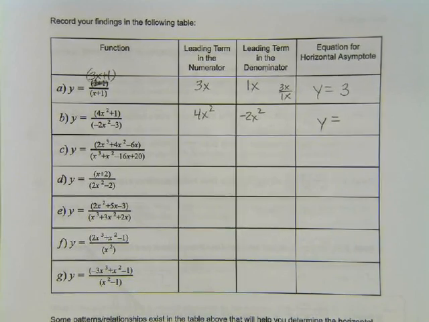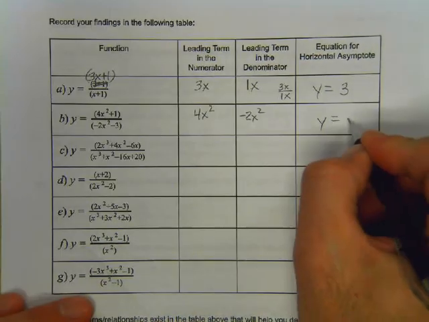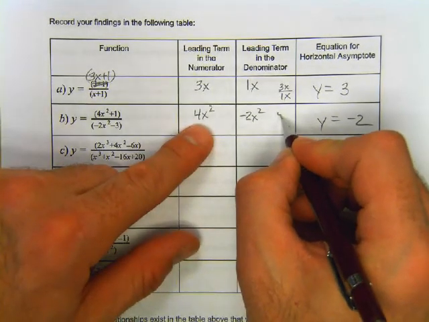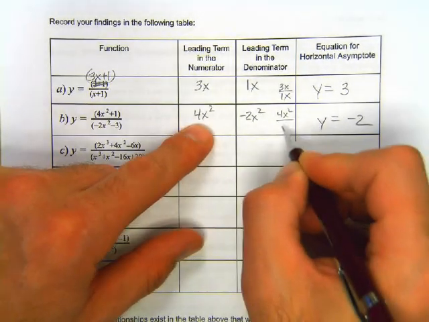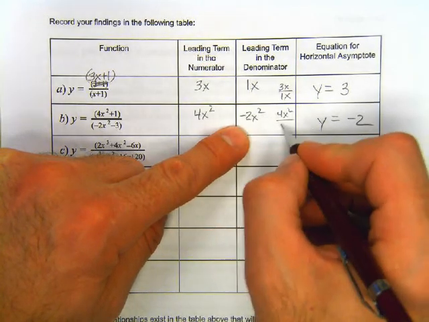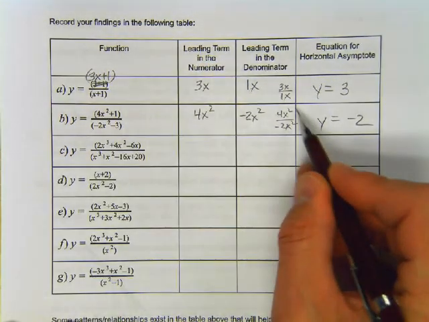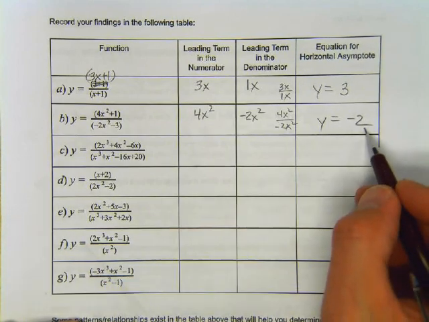Negative 2. Hey, what's the leading term of the numerator, 4x squared, dividing by the leading term of the denominator, negative 2x squared. What does that equal if you simplify it? Negative 2. Interesting.